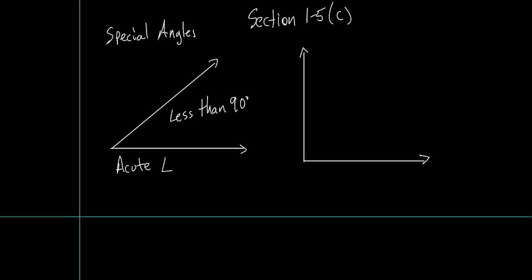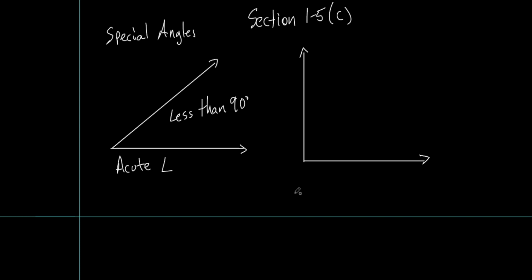Exactly. It could be one of those 89.99999 degree angles. You really don't know that that's a 90 degree angle unless they tell you. If they tell you it's a 90 degree angle, then you're okay working with it as if it was a 90 degree angle.